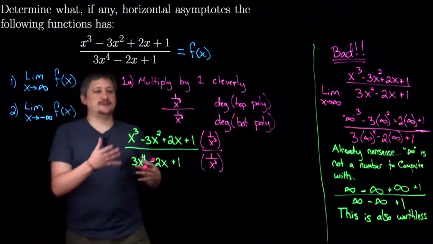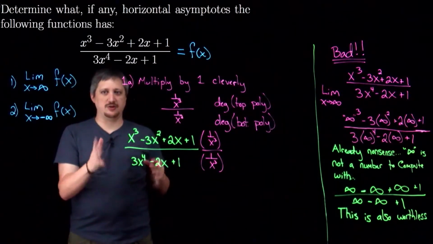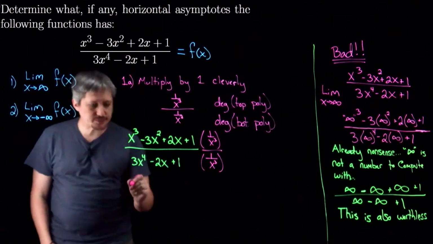What I'm going to write in a second is going to look really messy, but there's a method to the madness. Bear with me a little bit longer, you'll see the magic.